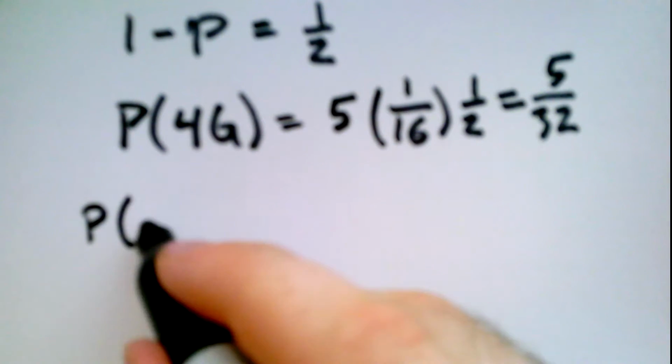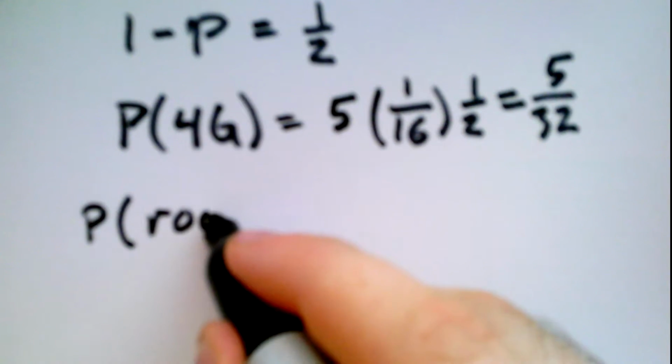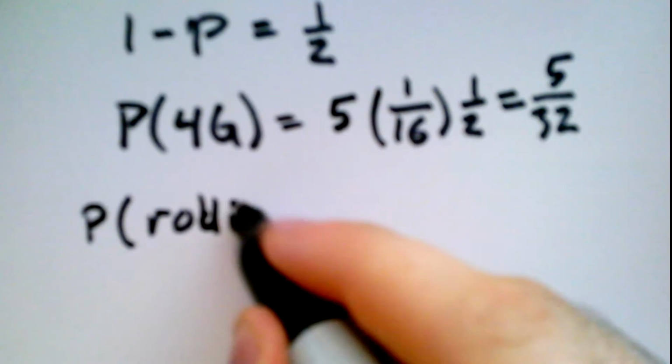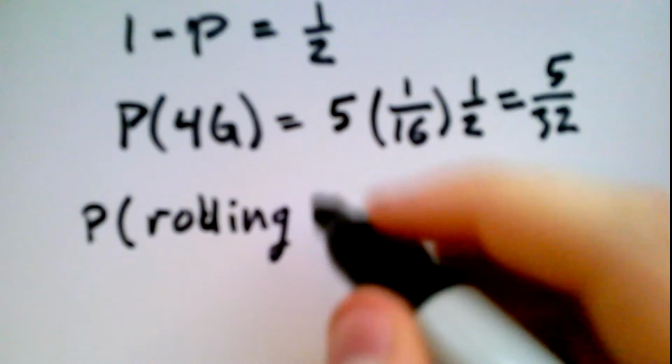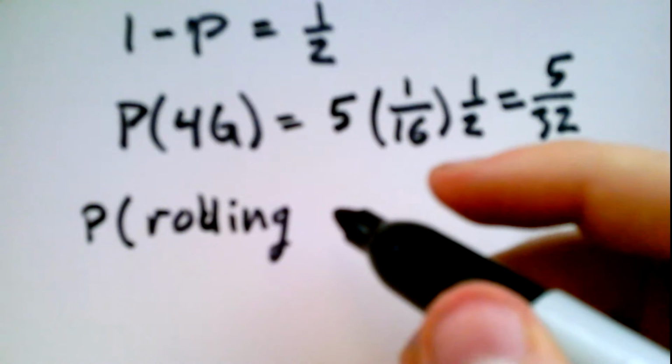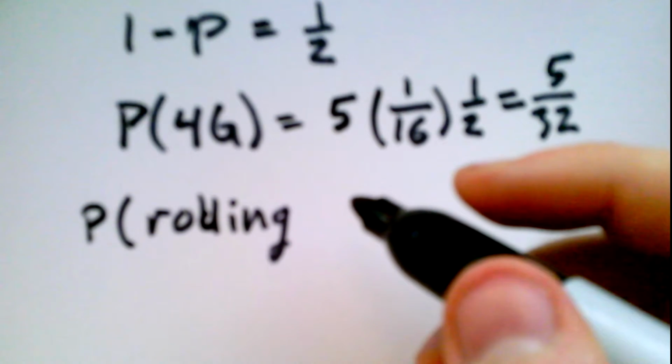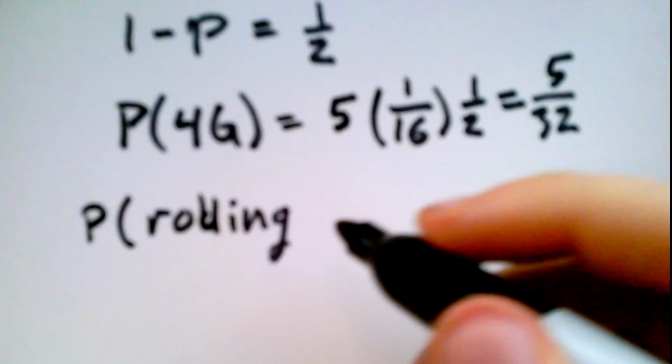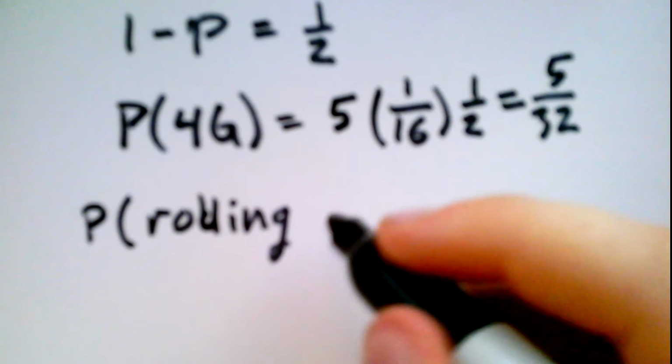So let's say we want to know the probability of, let's roll a 6-sided die 5 times and count the probability of rolling 4 ones.